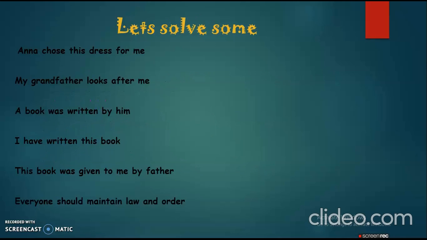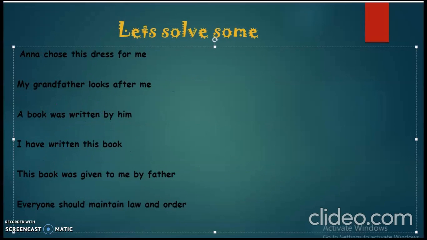Now, let us solve some. First, Anna chose this dress for me. Now, this is an active voice, right? So we will convert it into passive voice.